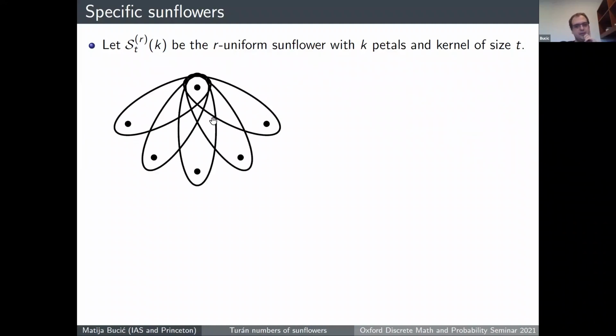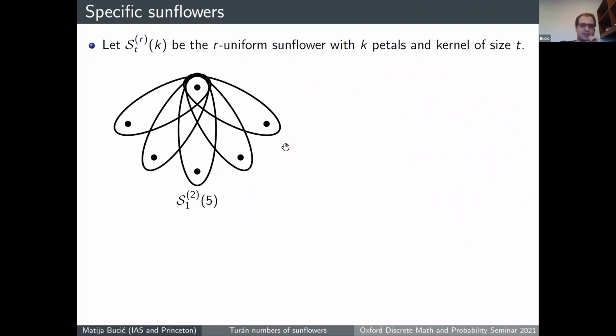So for example, if you think of ellipses here as being sets and points as being elements of our ground set, then all of the sets here have size 2, so this is 2-uniform, the kernel has size 1, and there are 5 petals, so this is S_{2,1,5}.